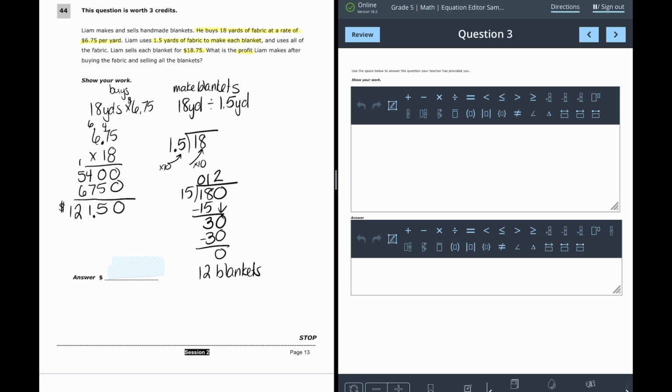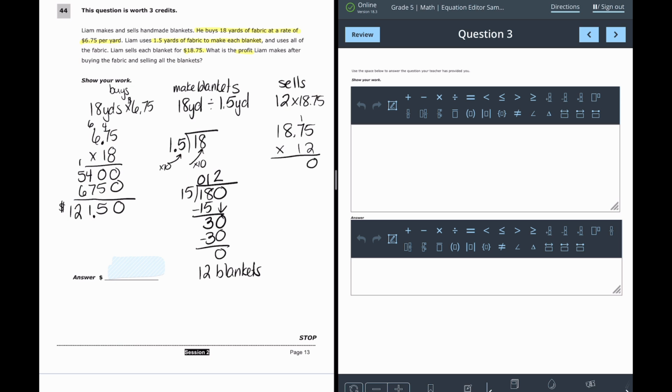All right, now he's going to sell. Now he sells his blankets. So he has 12 blankets and he sells them for $18.75. All right, so we're going to multiply. Notice how I'm doing it piece by piece and only thinking about this little piece at a time.